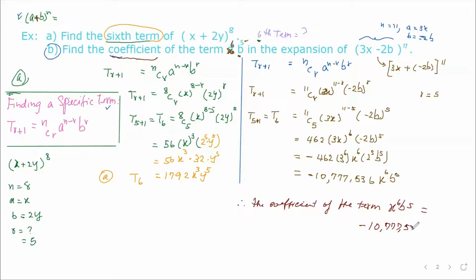That's a really large number, it's 10 million something. Okay, so that's the final answer for the coefficient of this term by using the specific term formula. Okay, so we go to the next example. Next example, still using the formula.